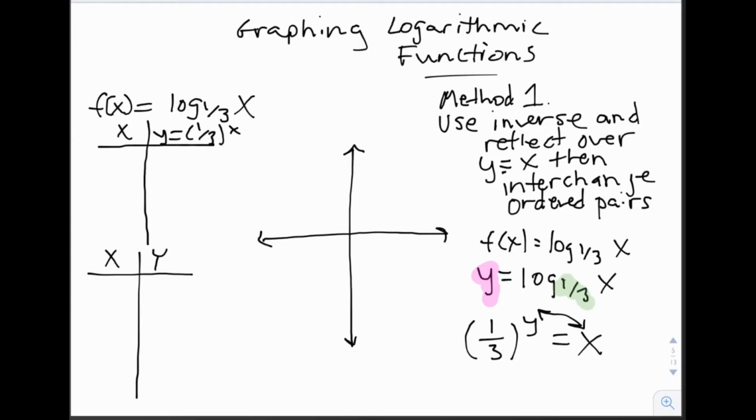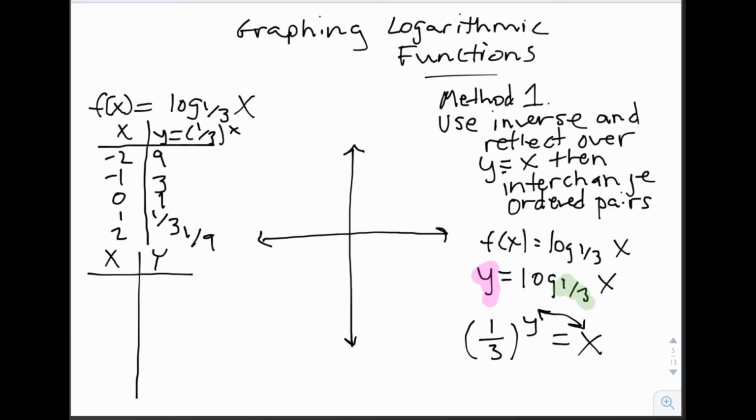First, let's pick a 0. If we plug in a 0, we get a y value of 1/3 to the 0, or just 1. A -1 should give us a 3 here, and then a -2 should get us a 9, and then a 1 should give us a 1/3, and then last we would get a 2 and then a 1/9.